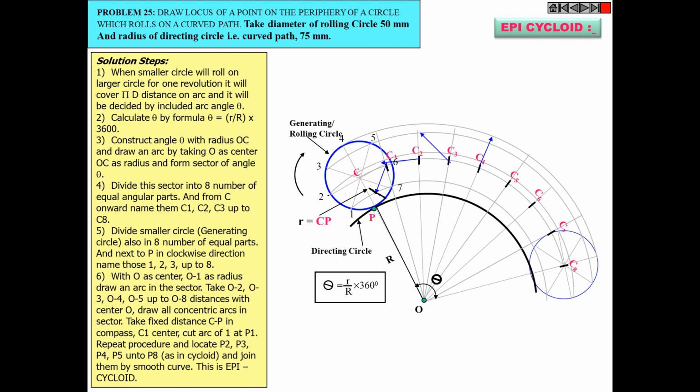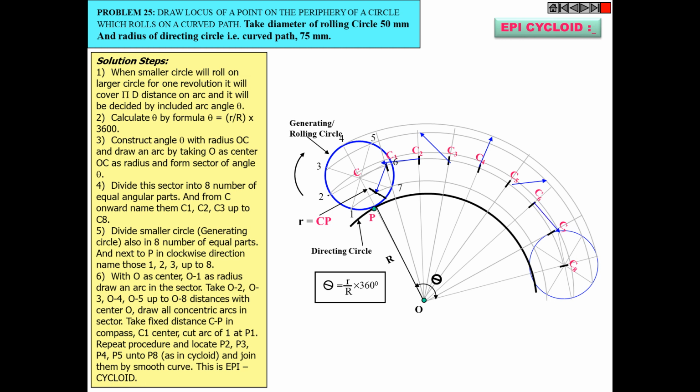For C4, I have to cut that point on the fourth curved line. Similarly, for C5, I have to cut on the fifth curved line. Now you cannot cut this point on this side, because you will get the wrong epicycloid, since you are cutting in anti-clockwise direction, which is wrong.